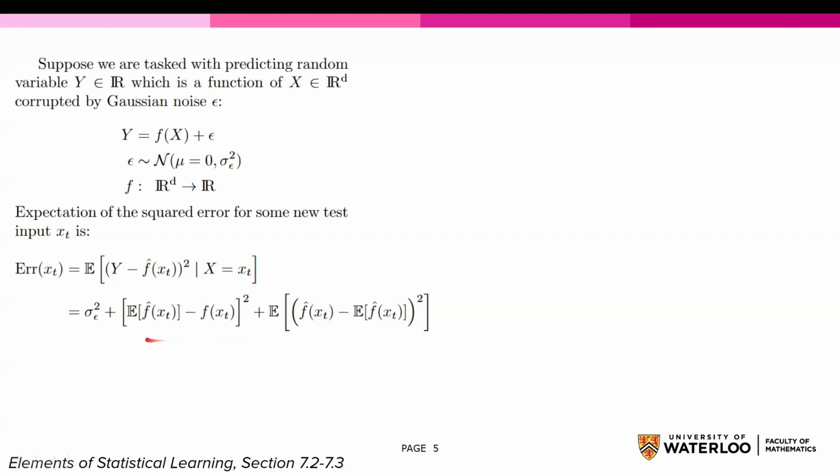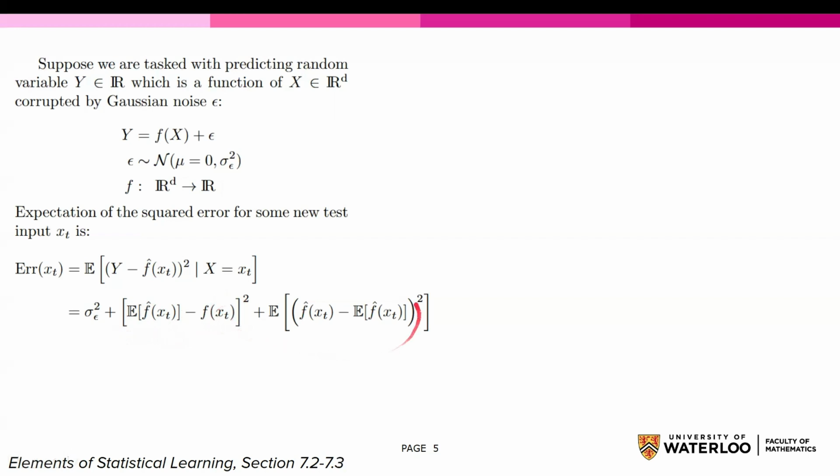This second term concerns the difference between the expected value over our predictions and the true underlying function. So this is asking what the model tends to do on average, and then comparing that to reality. This is the meaning of bias.